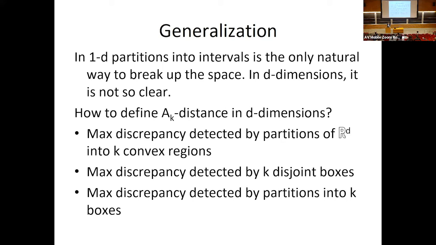If they're axis aligned, then axis aligned rectangles might do a good job of capturing discrepancy. But if you've got a really skew Gaussian that's arranged at a 45-degree angle, looking at partitions into axis aligned rectangles is going to do a terrible job. And so you might have to do something very complicated even in the D equals 2 case.